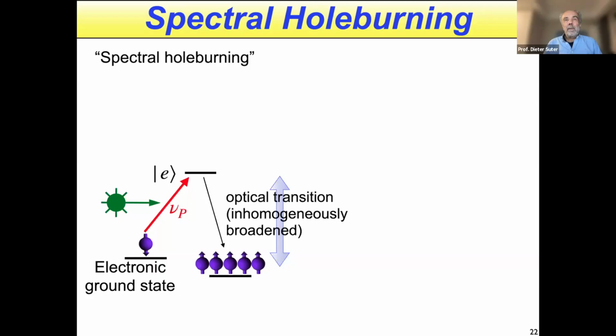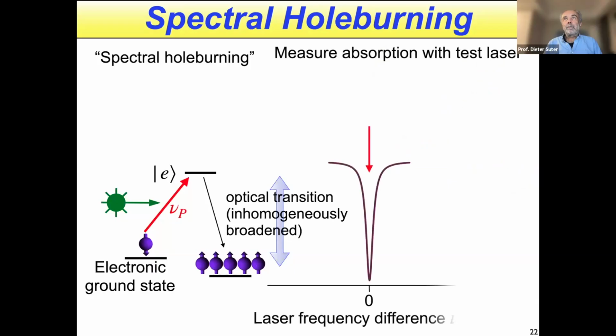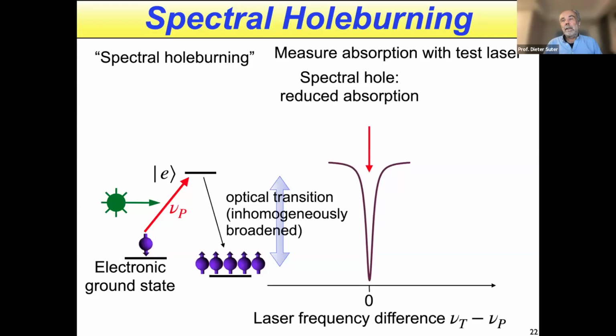Now, as you see here, the optical line is usually inhomogeneously broadened. So it means in the ensemble, you have very many of these three-level systems at somewhat different frequencies. So if you want to see this polarization, you have to actually use a test laser beam, which you scan across the line with respect to the pump laser beam.